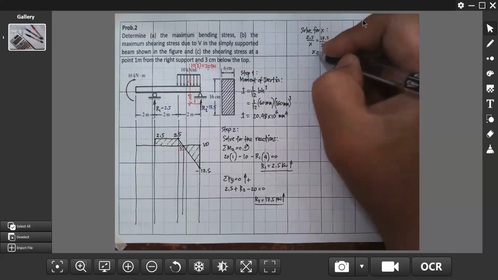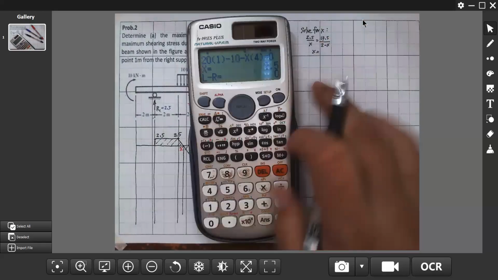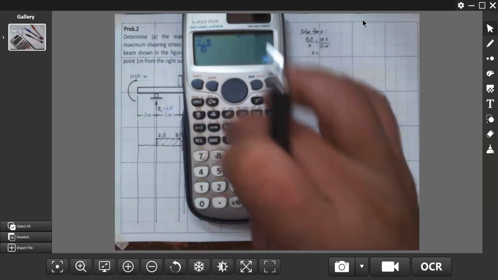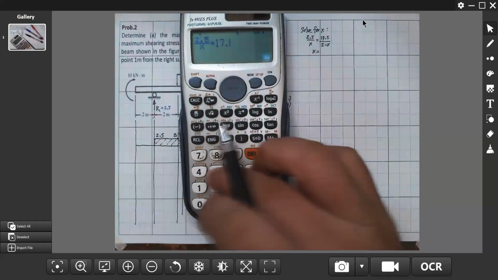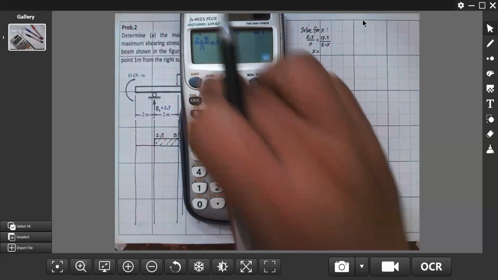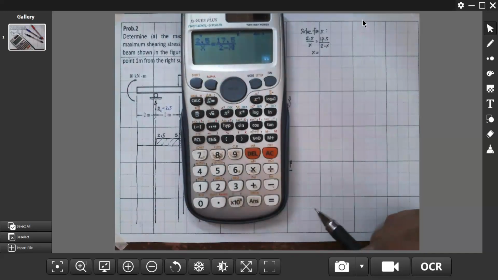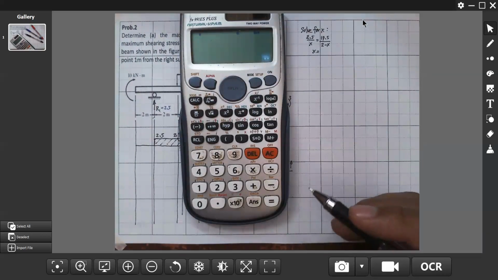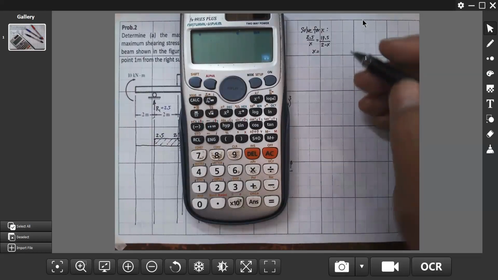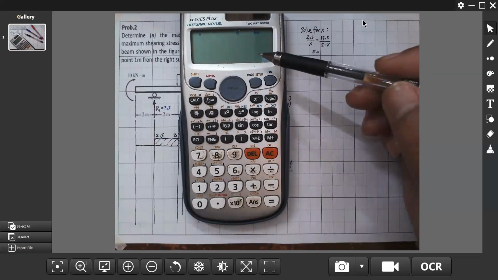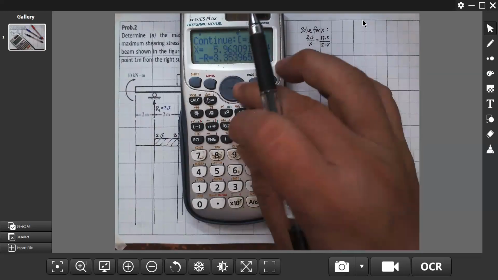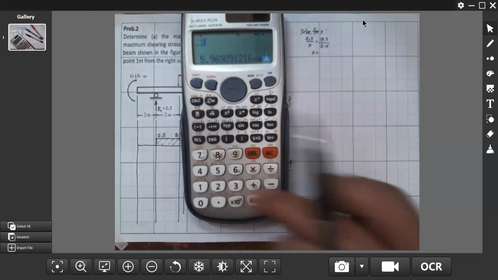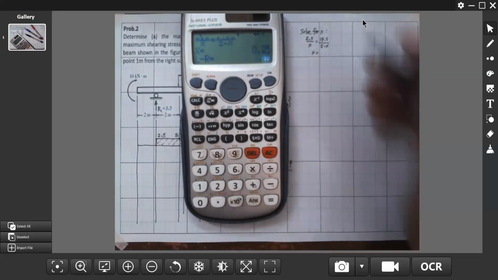So 2.5 over x equals 17.5 over 2 minus x. And shift solve. That's 0.25.